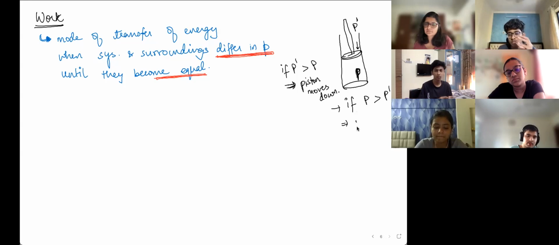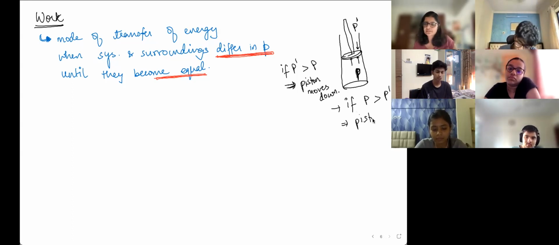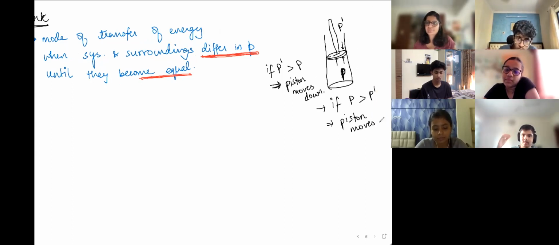The piston starts going up. Here the pressure is higher, so the gas inside is going to end up pushing the piston up. It cannot hold it anymore, so that is why it goes up. So there is a pressure difference here.